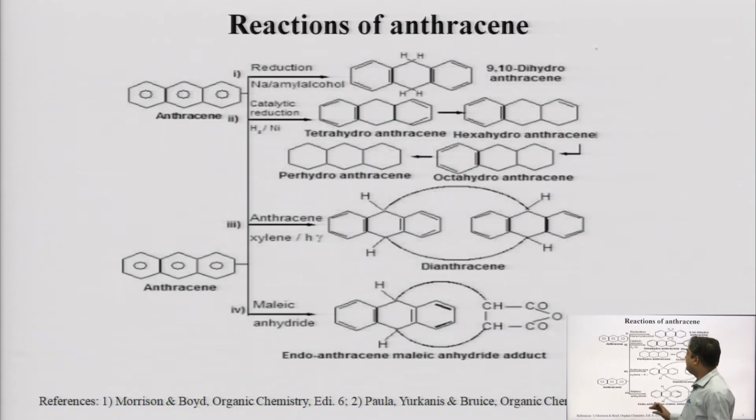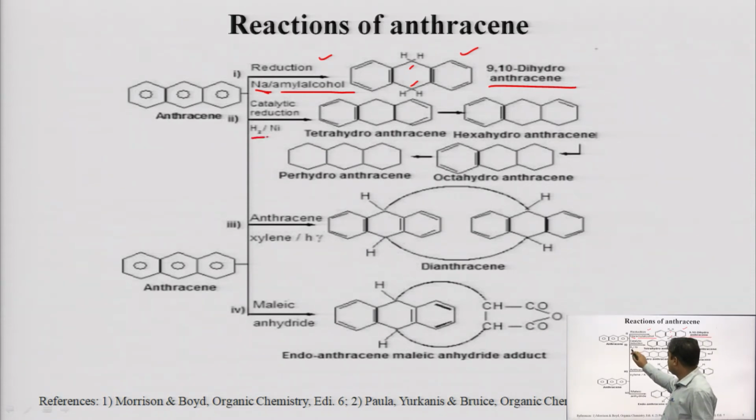As you can see, in the first reaction anthracene is reduced in the presence of sodium and amyl alcohol and we get 9,10-dihydroanthracene. Here at the 9 and 10 positions, 2 hydrogen atoms join to give the product.